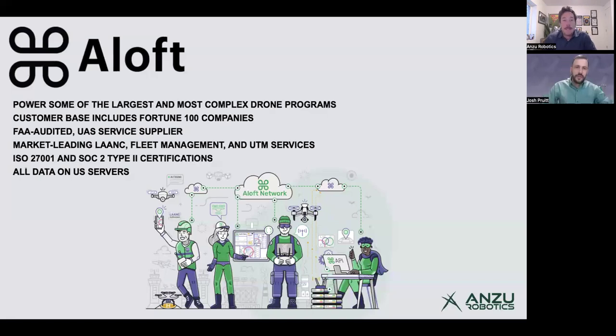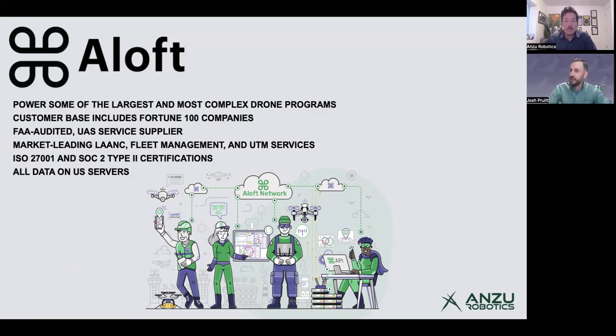Yeah, for sure. So obviously, Aloft, formerly Kitty Hawk. We are a kind of turnkey fleet management for enterprise, critical infrastructure, public safety. Again, SOC 2 Type 2 compliant, ISO 27001 compliant. We've gone through a lot of pen testing. And beyond just the Anzu piece, there's a lot more we do on the fleet management side to support other manufacturers.